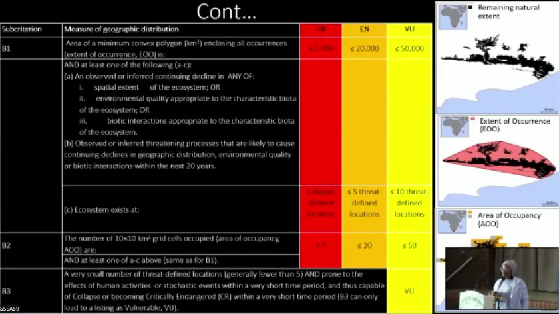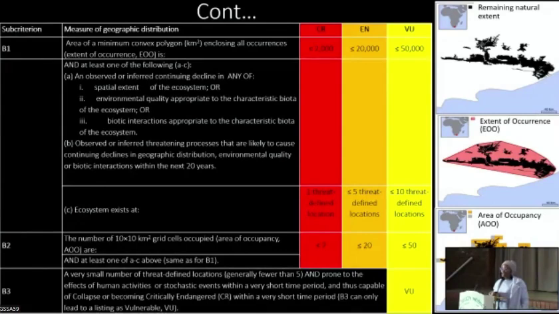For example, the extent of occurrence is measured using a minimum convex polygon to capture all known patches of ecosystem extent. And then we have area of occupancy, which counts the number of 10 by 10 kilometre grid cells that are occupied by the ecosystem.